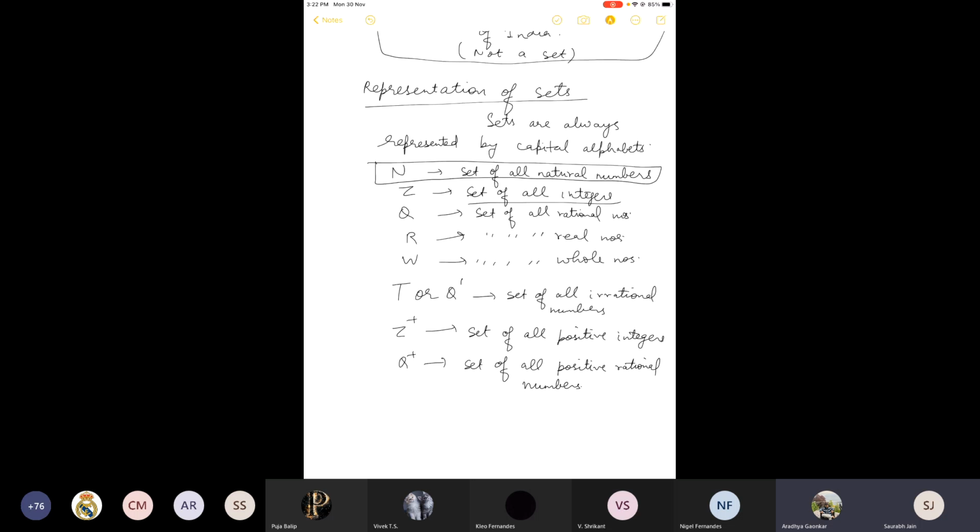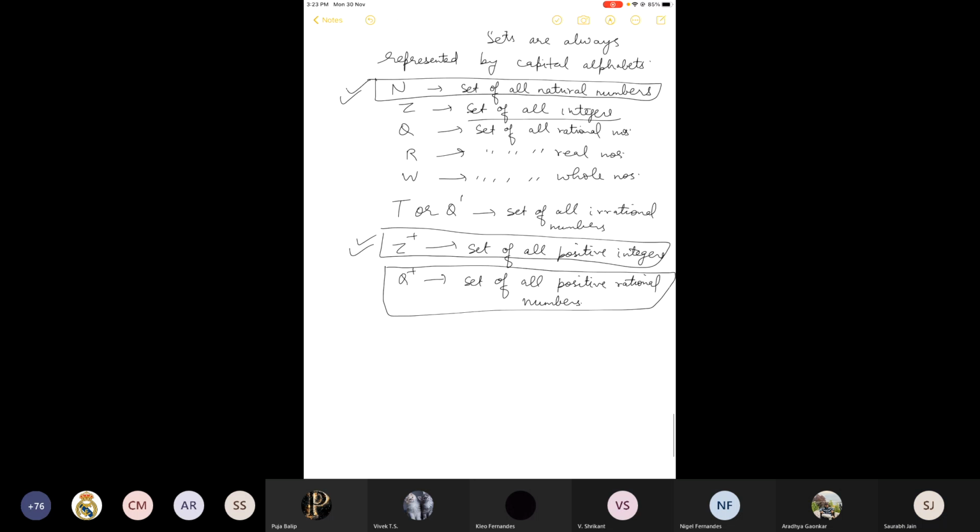I think these two: N and Z plus. Yes, Z plus, not Q plus. N and Z plus both have the same meaning. N stands for the set of all natural numbers, so natural numbers are 1, 2, 3, 4, etc. Z plus is all positive integers, and they are also the same: 1, 2, 3, 4, etc. So sometimes they may write N, sometimes they may write Z plus. It is one and the same thing.